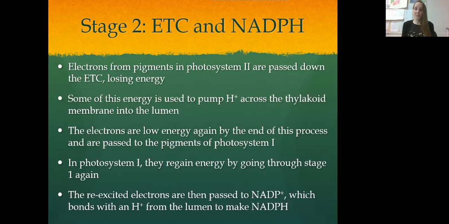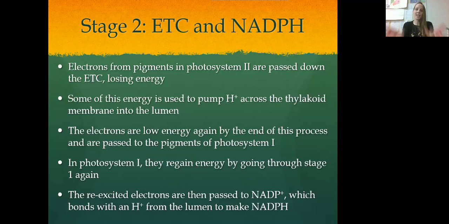And so we get a buildup of hydrogen ions inside the lumen. And then, like I said, by the time the electrons get to the end of the ETC, they're low energy again. And at that point, they go into photosystem 1, which is the second photosystem. There, they absorb more photons, get re-excited, and then they go back into another shorter version of the ETC. But this time, before they go through too many redox reactions, they get picked up by NADP+.